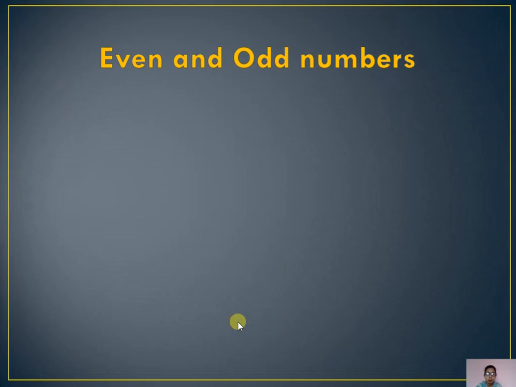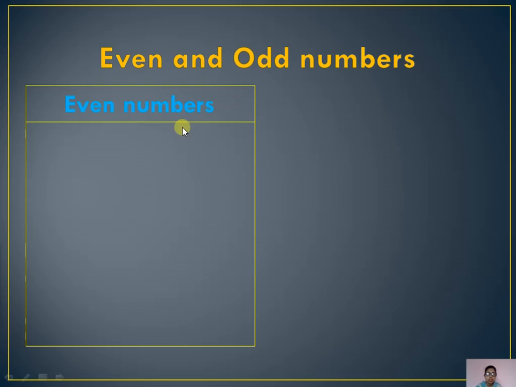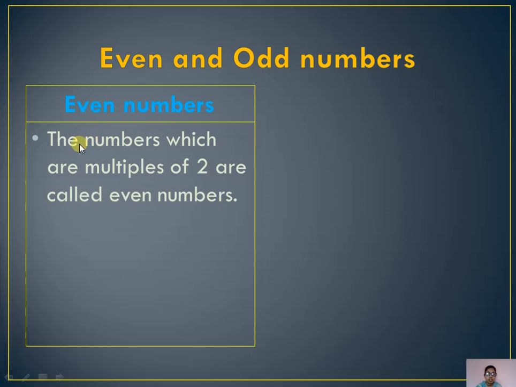Now the next topic is even and odd numbers. Even numbers. The numbers which are multiples of 2 are called even numbers.